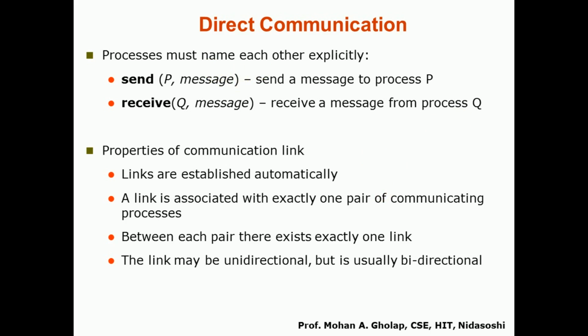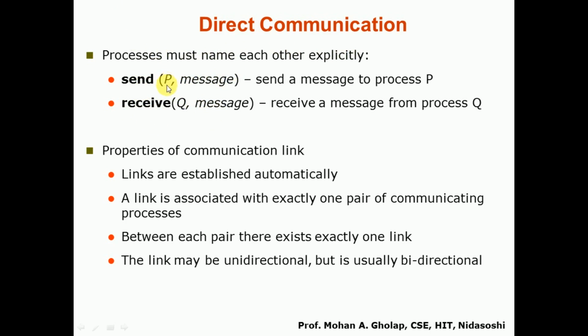Naming means you have to specify the name of the process to which you are sending a message. At the same time, on the receiver side you also have to specify from which process you are ready to receive the message. That's why in this direct communication method, the send and receive operations can be implemented as follows.